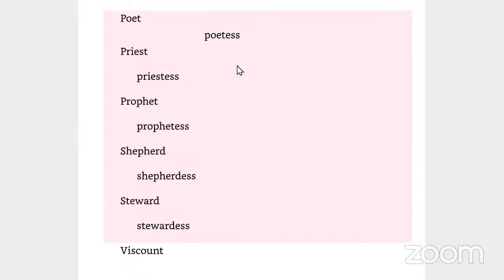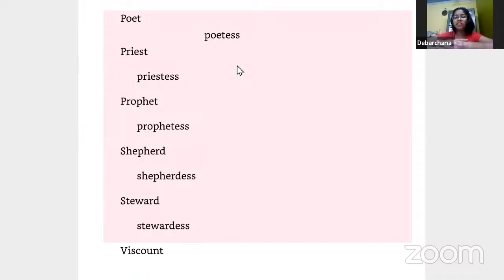And who's a steward? Anyone else? Who can say what's the meaning of the word steward? Sir, a person who looks after passengers on a ship or train.